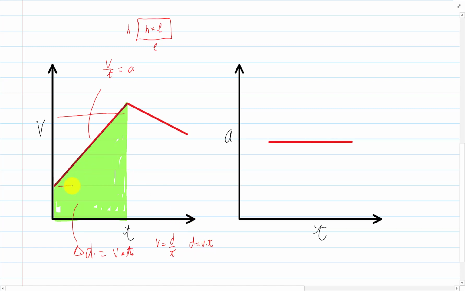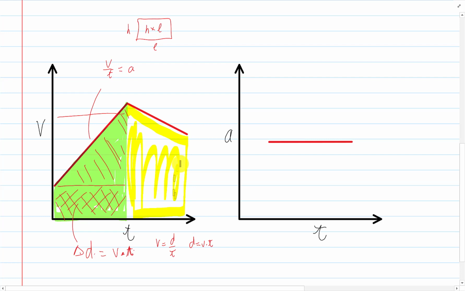So when we figured it out in kinematics, in physics 11, we took this area of this triangle and added it to the area of that box, and that was the displacement. So when we added up both the green and the yellow area, we'd get the total displacement for the trip. So the area underneath it was the velocity times the time.